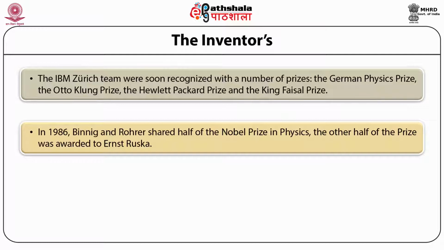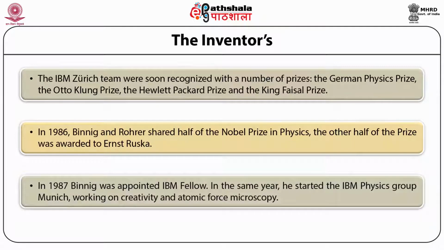The other half of the prize was awarded to Ernst Ruska. In 1987, Binnig was appointed IBM Fellow, and in the same year he started the IBM Physics Group in Munich, working on creativity and atomic force microscopy.